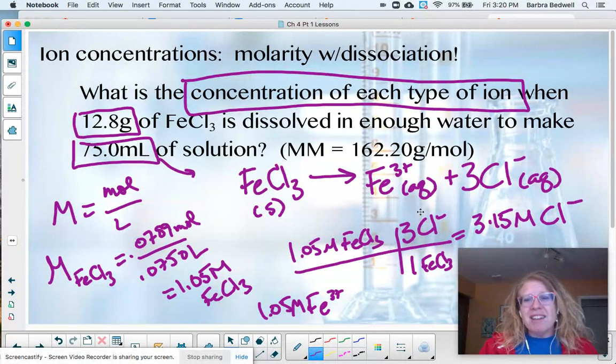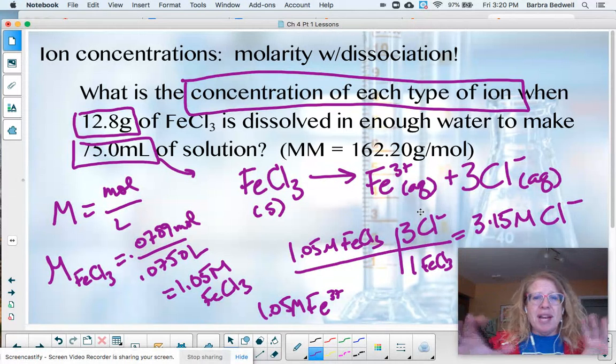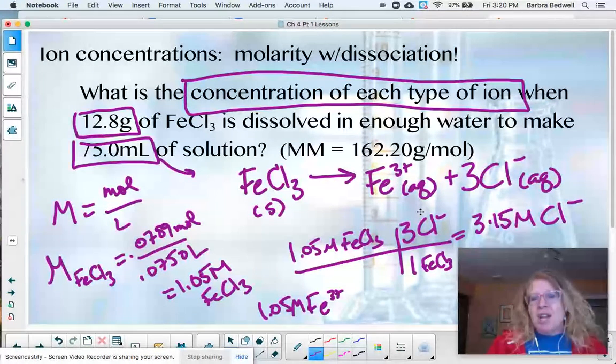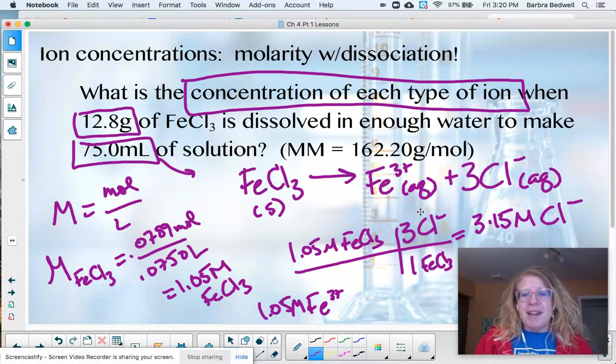The strongest that hydrochloric acid can ever get is about 12 to 14 molar, just to give you an idea of the range of values. So a 3 molar solution of chloride ions is actually pretty strong. It's not like it's going to hurt you, but it definitely would be a fairly concentrated solution. A lot of times in chem labs, we do solutions in the range of 0.1 to 1 molar in our daily lives.